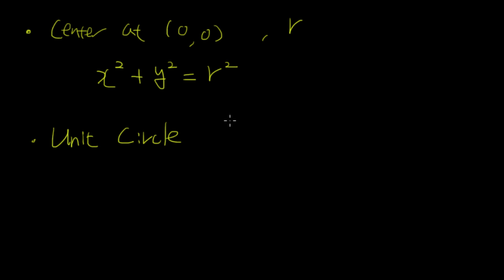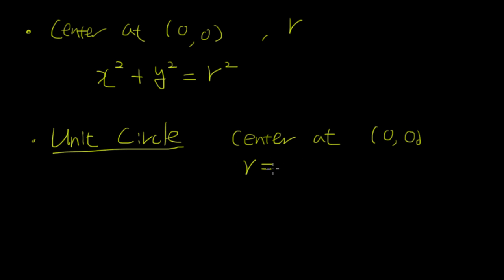So unit circle is a circle centered at 0, 0 and has radius as 1. Now that's what unit circle means.